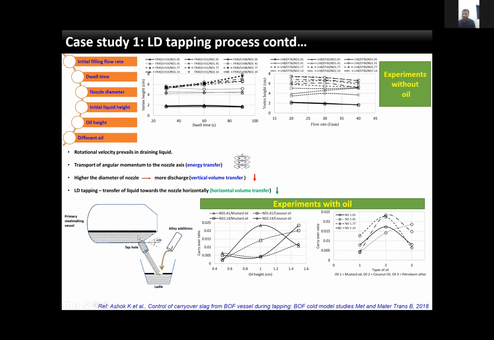If you see the BOF tapping, the amount of liquid that is lying here also needs to transfer from here to here. Other than the liquid moving in the gravity direction, the liquid has to move from this direction. So this will impinge into the vortex, whatever it is forming.